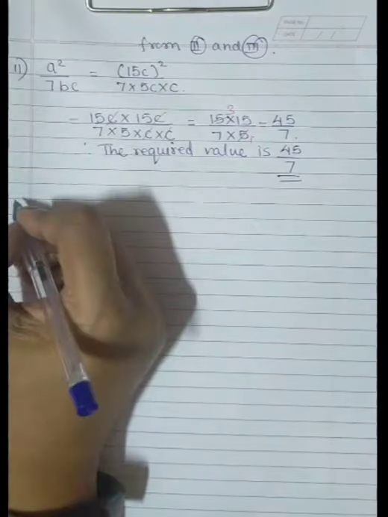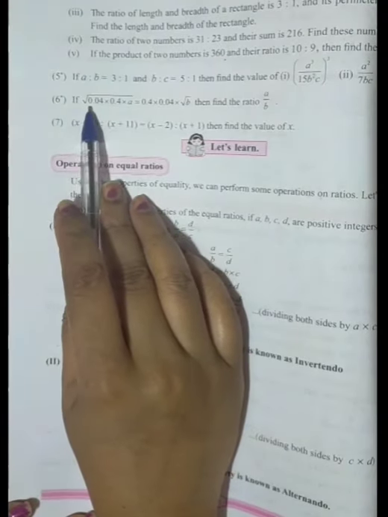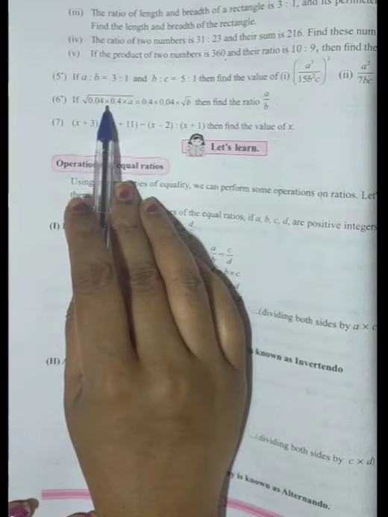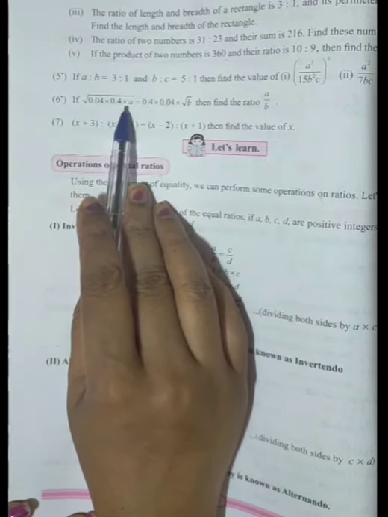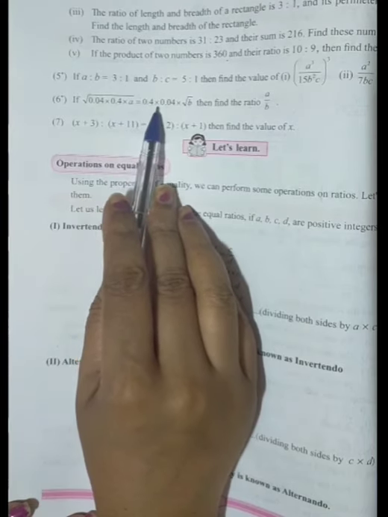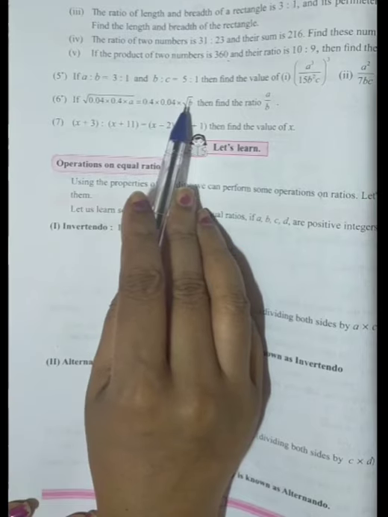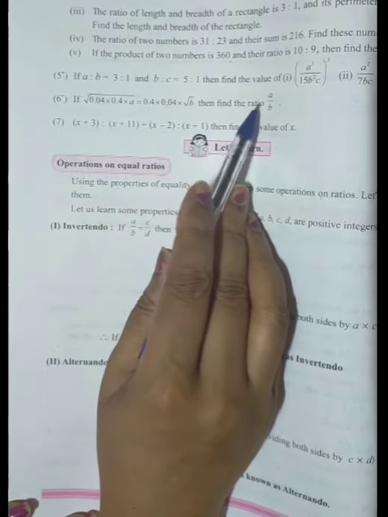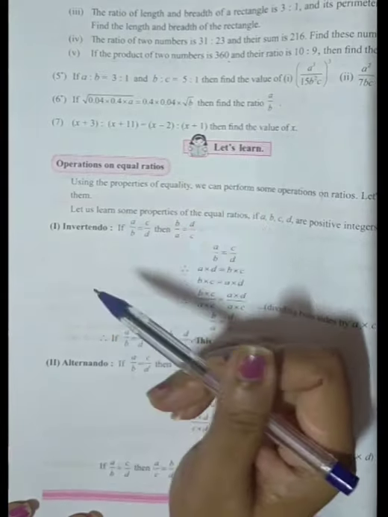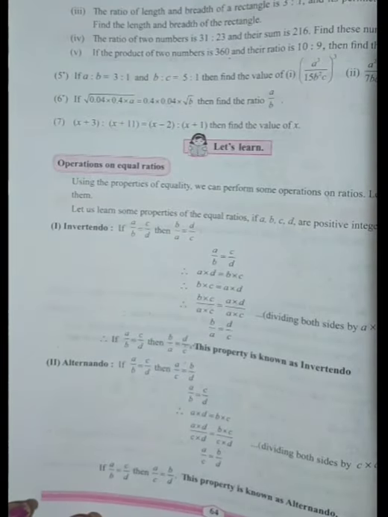Now we are going to solve question number 6. What is given? If root 0.04 gets multiplied with 0.4 and again multiplied by a is equal to 0.4 multiplied by 0.04 multiplied by root b, then find the ratio of a upon b. Okay. Now we have to solve this question number 6, so please observe step by step.